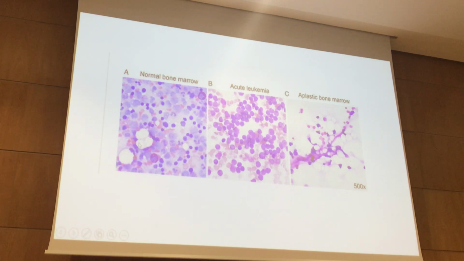There are different types of precursor cells. You cannot identify those cells, of course, at this level, but do you see different types of cells? In the aplastic bone marrow, there are almost no cells, very few cells. But here on the middle one, almost all cells are the same, uniform. These are all lymphoblasts.